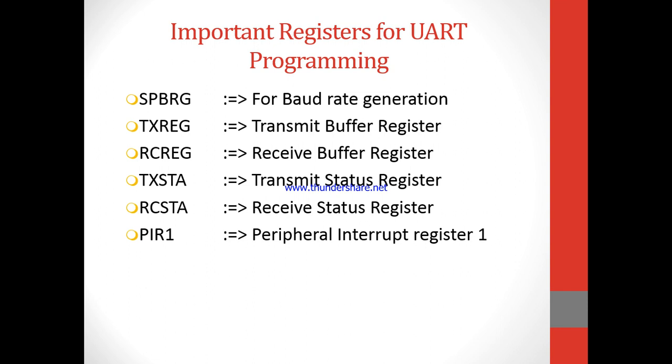Then after that, the interrupt related to the UART will be available in the PIR1 register, that is peripheral interrupt register 1. So if a serial or UART related interrupt occurs, we will come to know about it in the PIR1 register.